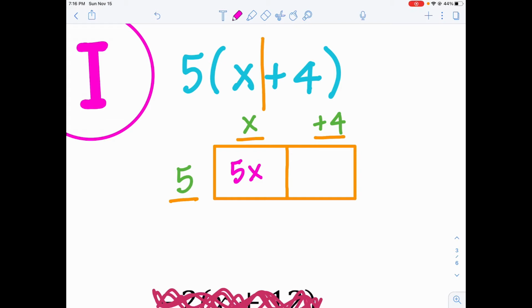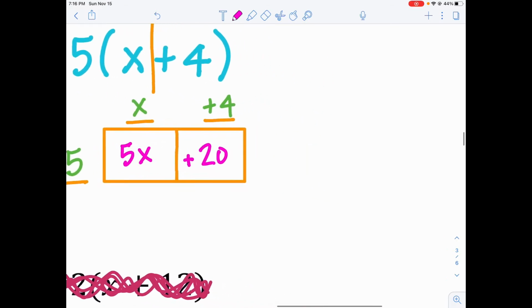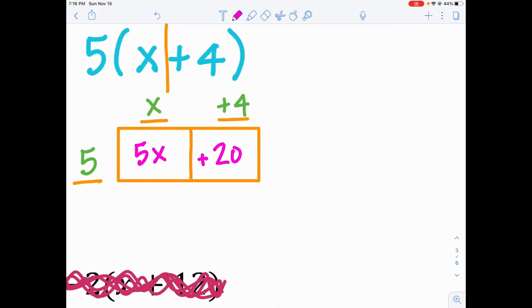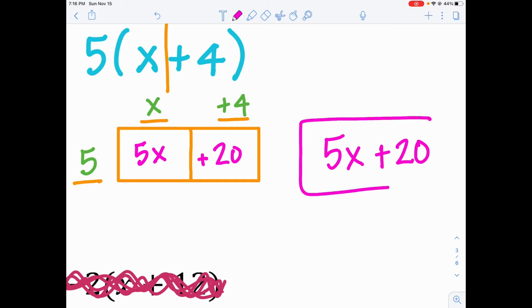And now I'm going to do 5 times a positive 4. 5 times a positive 4 is 20, and it's positive 20, so I'm going to put a plus sign there. And then off to the side, I'm going to write the expression that I got when I distributed. I got 5x plus 20, and that is my answer.